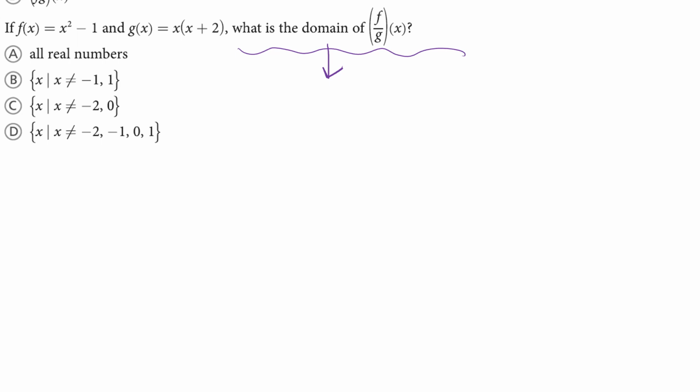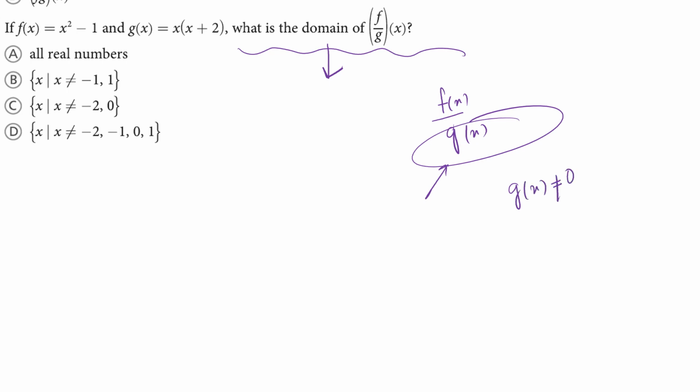So remember, whenever you have some function in the numerator and some function in the denominator, whatever they are, always focus on the function in the denominator and make it not equal to 0. Because you don't want any zeros in the denominator. 1 over 0 means that the function is undefined.